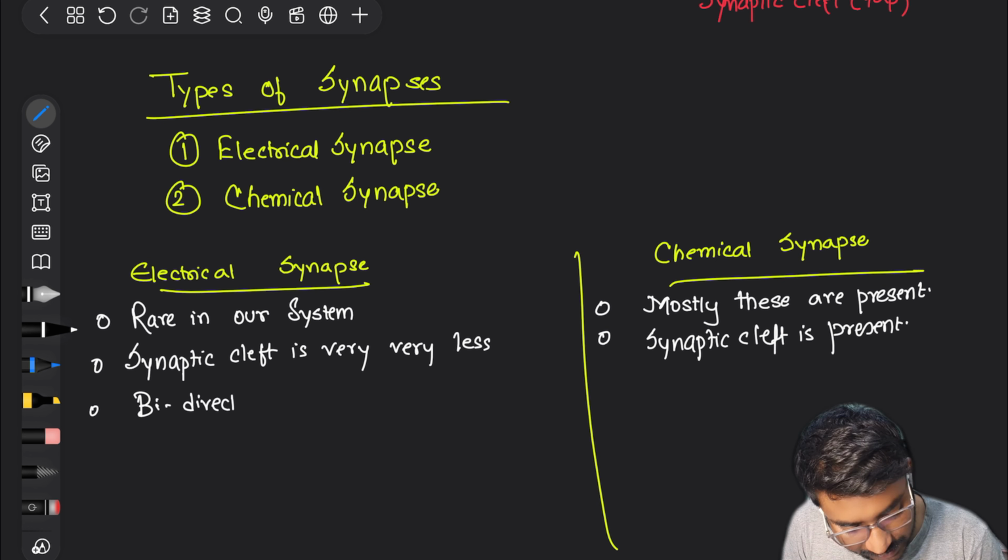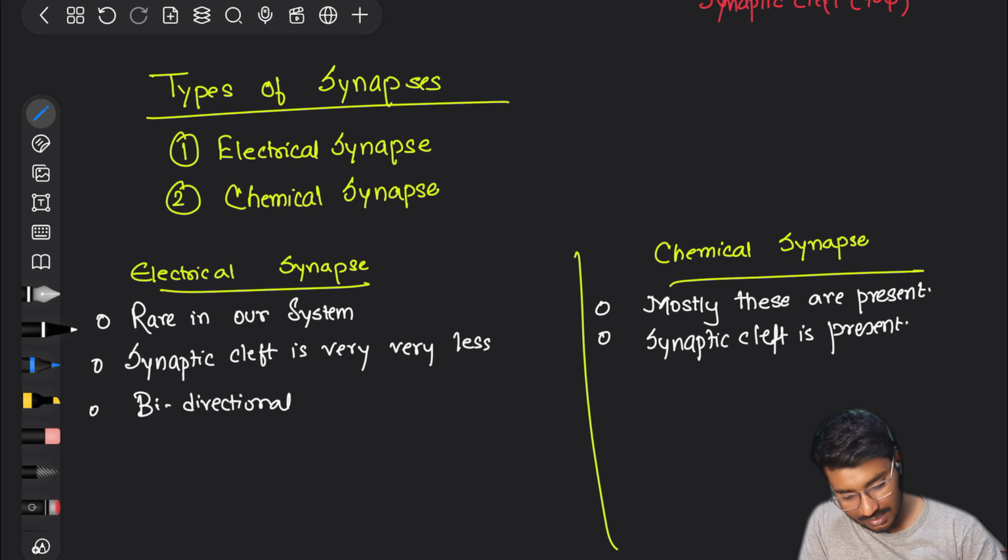In electrical synapse, bidirectional transmission happens, as ions are involved in the transmission. In chemical synapse, it is unidirectional.